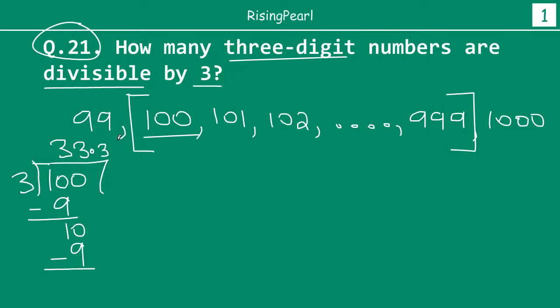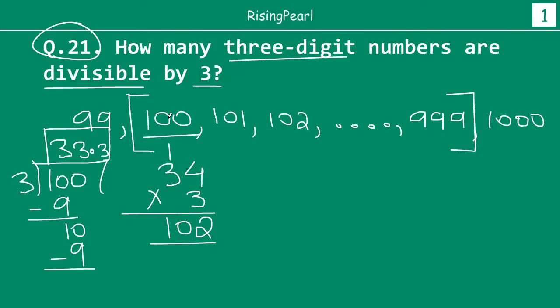But what it also tells us is that we get 33.3. So if we take the next whole number immediately greater than 33.3, which is 34, and multiply this by 3, what do we get? 4 3s are 12, 1, 3 1s are 3 plus 1, 10.